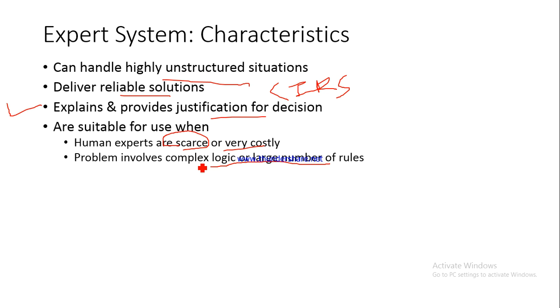For example, looking at the chest scan, the lung scan of an individual, and predicting whether he is likely to suffer from lung cancer in future. This could be one example. So here you may make use of the expert systems, right? Naturally the human experts, the doctors, the specialists are very rare, at least in, for example, pathology. So then you can rely on such expert systems, fine.